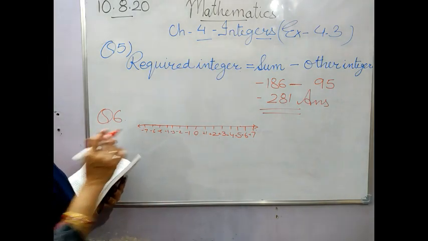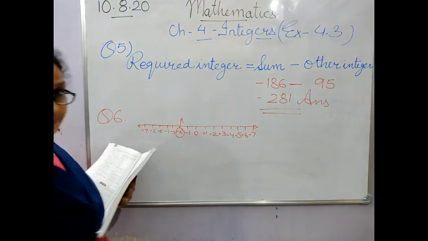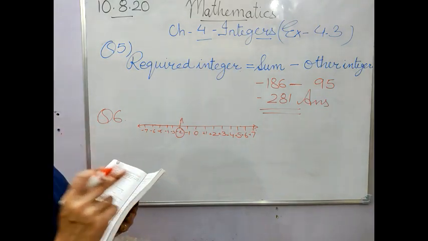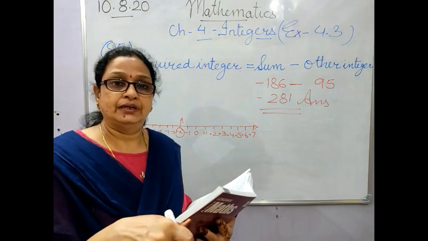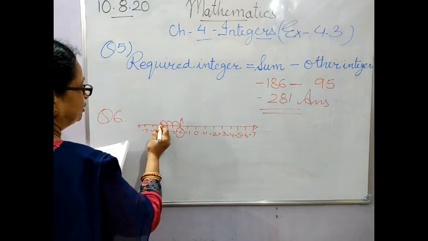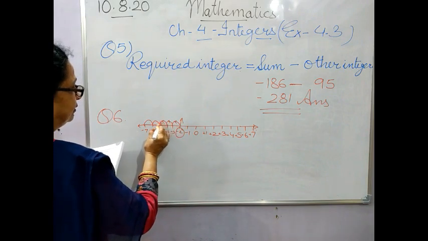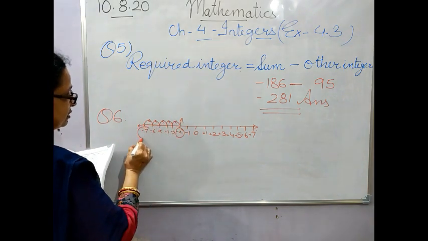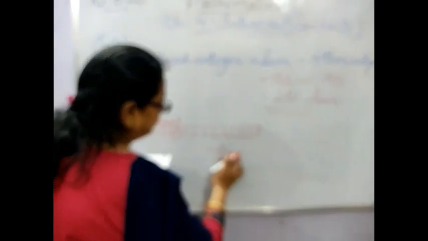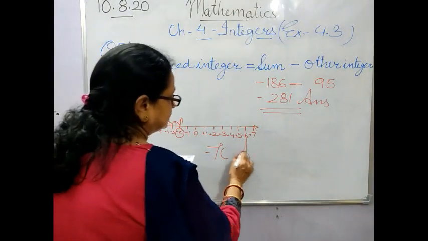Now they said in the evening this was minus 2 degrees Celsius. Now it has dropped 5 degrees. Drop means it has gone down. Subtract. So what will you do? 1, 2, 3, 4, 5. Where have we reached? Minus 7. So the temperature after that time will be minus 7 degrees Celsius, which is your answer.